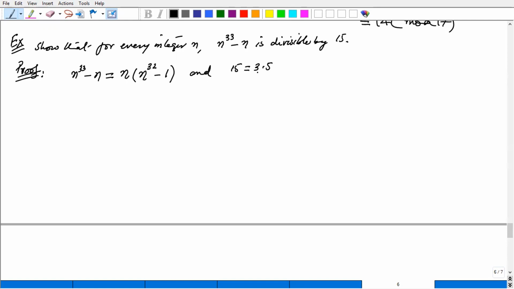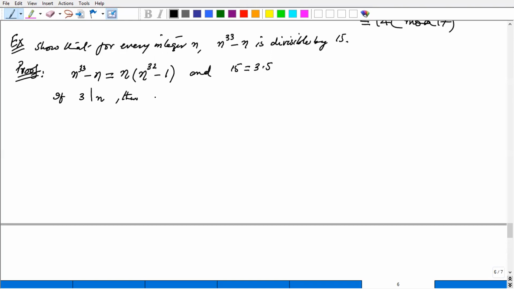So if 3 divides n, then surely 3 divides the whole product.